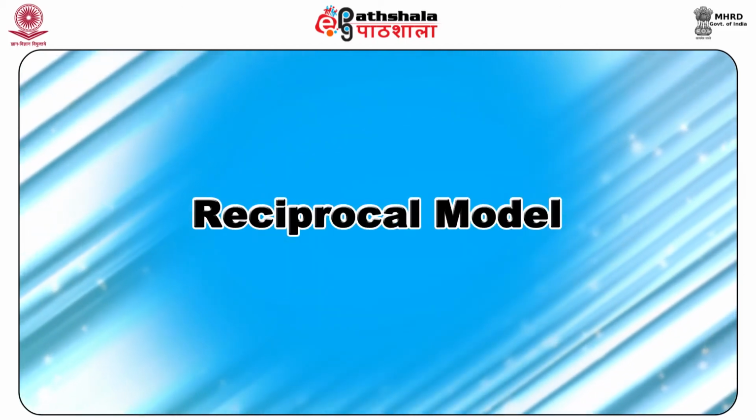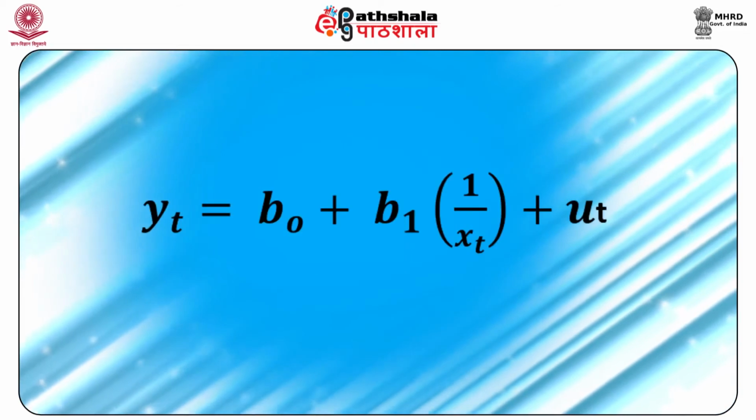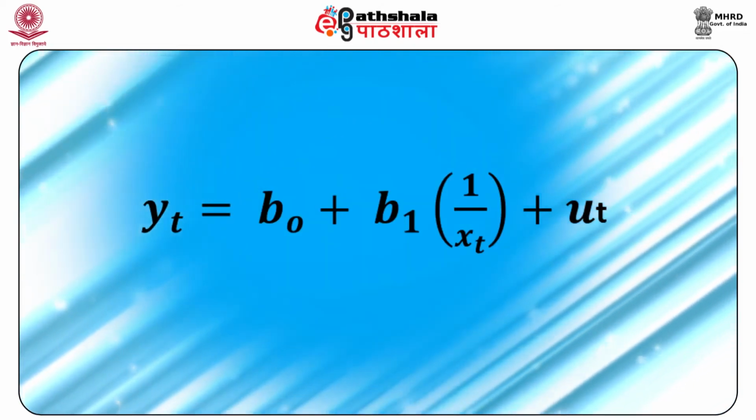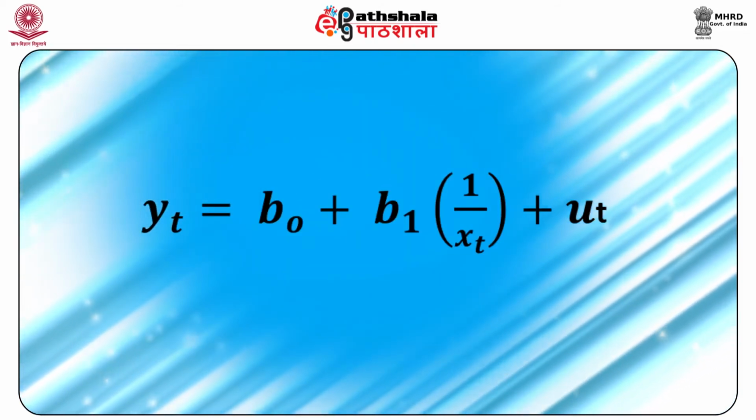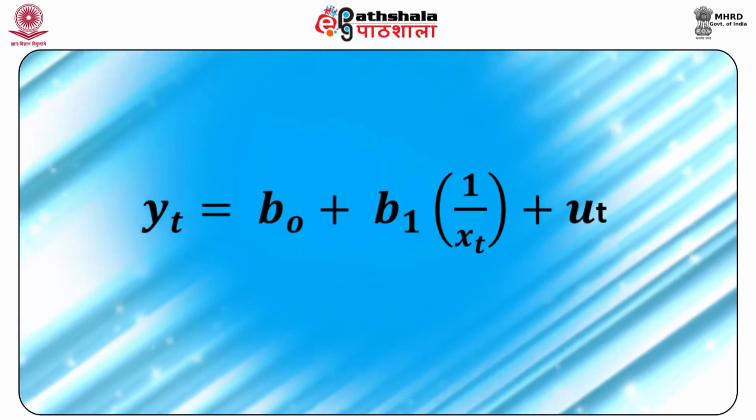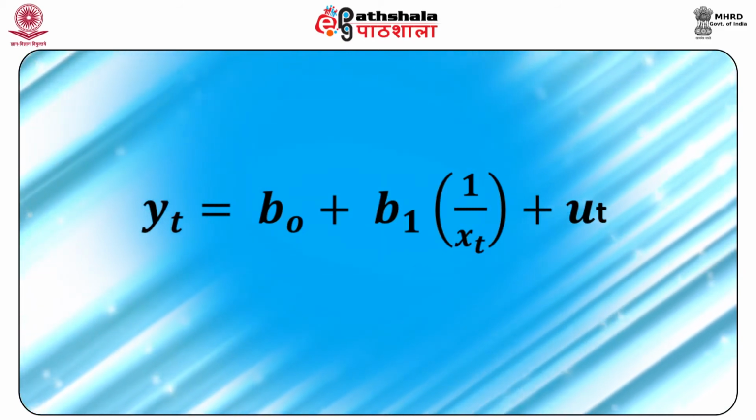Let's look at another model which is used in economic theory, and this model is known as the reciprocal model. A reciprocal model is given by yt is equal to b0 plus b1 into 1 upon xt plus mu t.